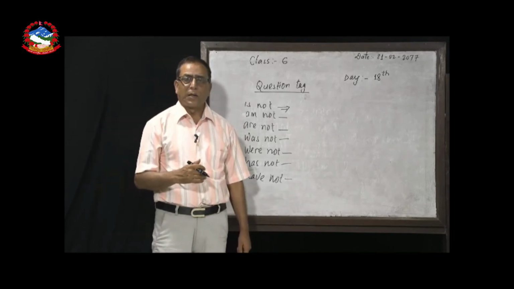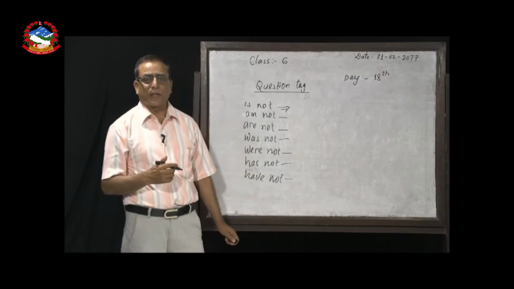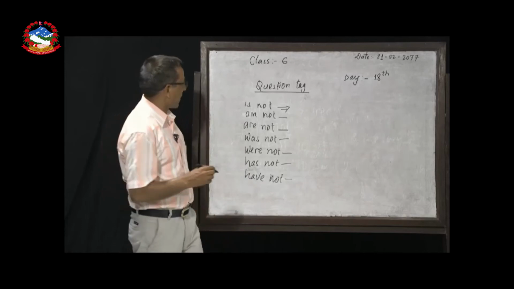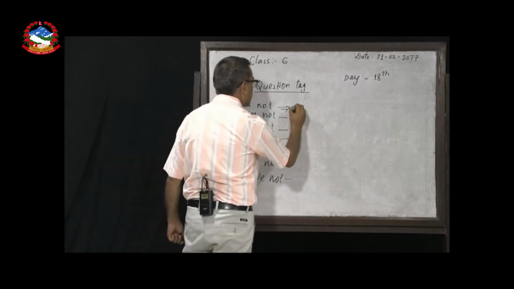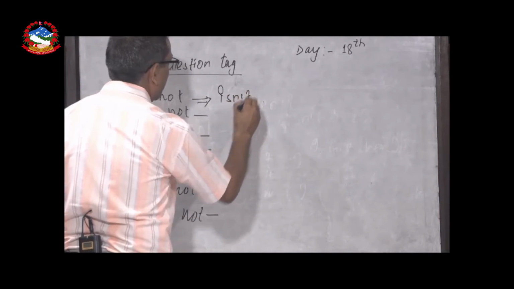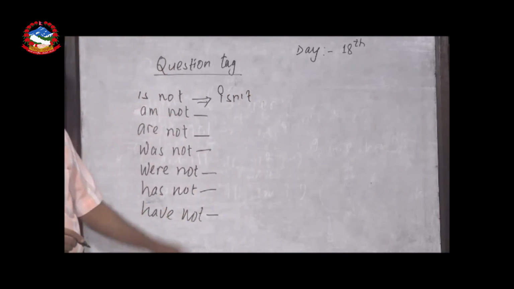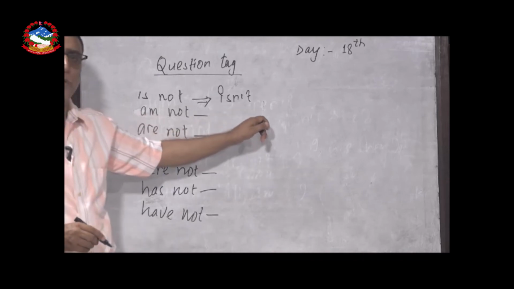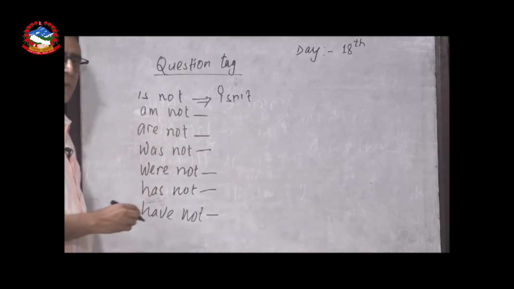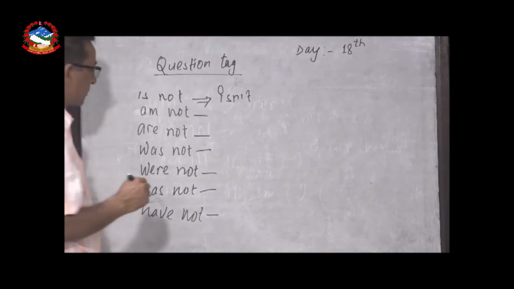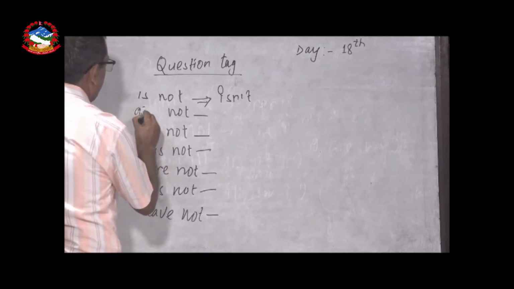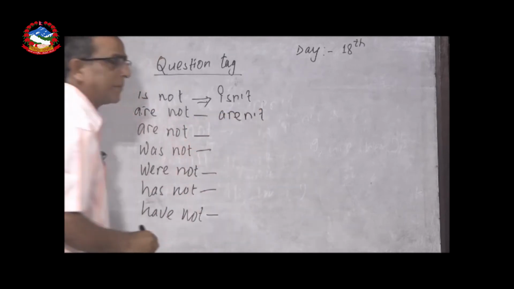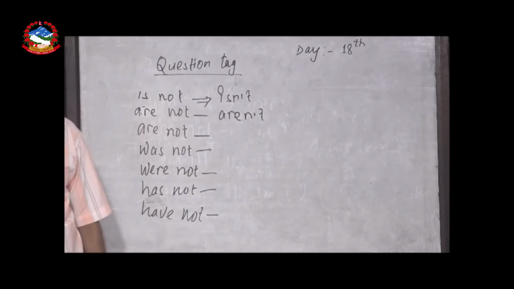Now, "is not" is the full form here. What is the subtracted form of "is not"? The subtracted form of "is not" is "isn't": is, apostrophe, t. Next one, "are not," "aren't."